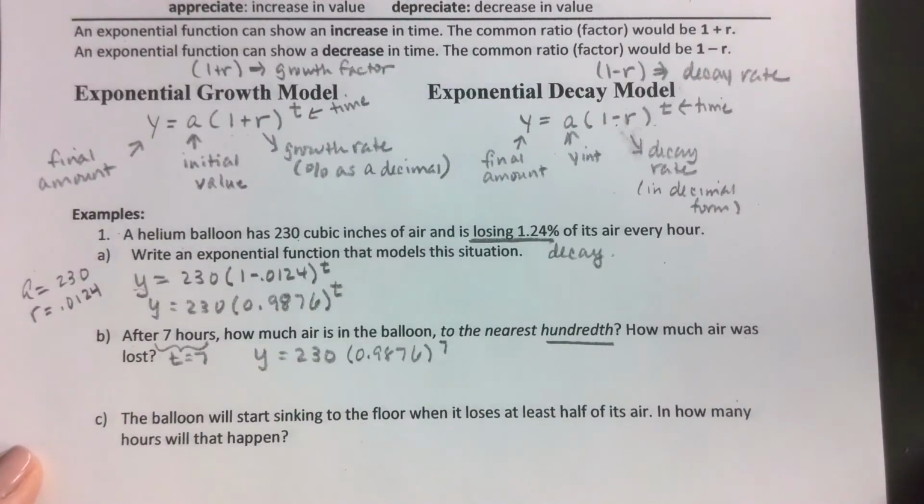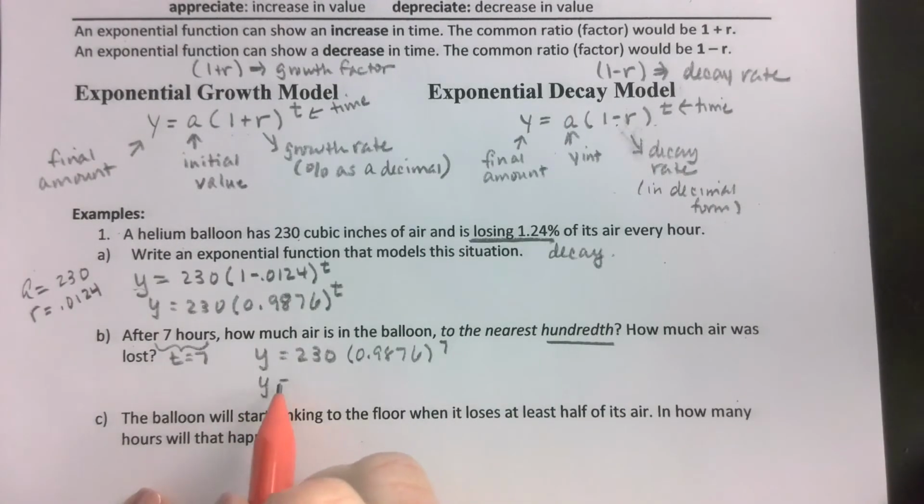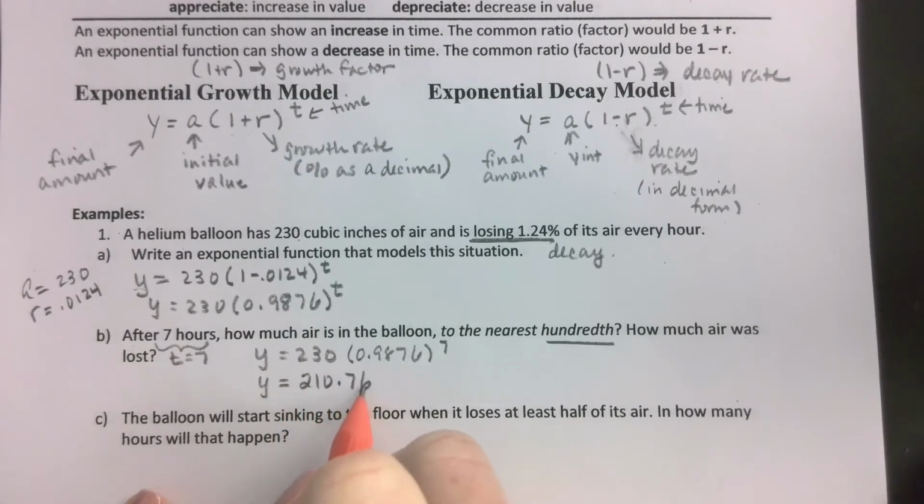Use your calculator, put that in. We get y equals 210.76 cubic inches. So that's how much air is in the balloon after the 7 hours.